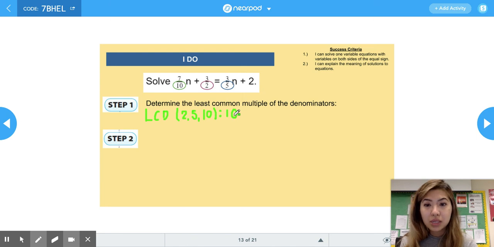So I'm going to multiply the algebraic expressions on both sides by 10.